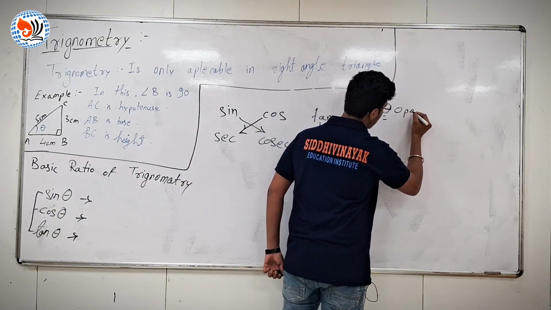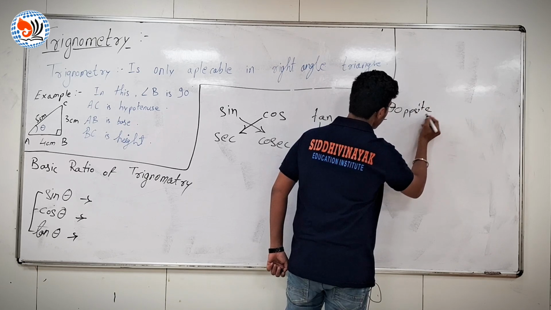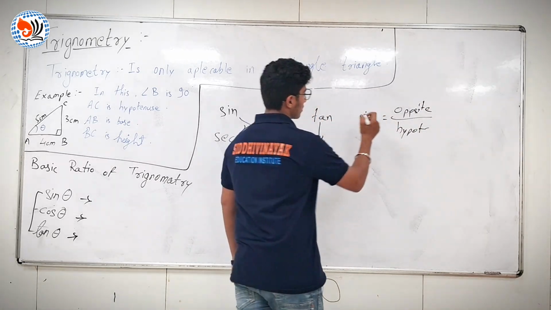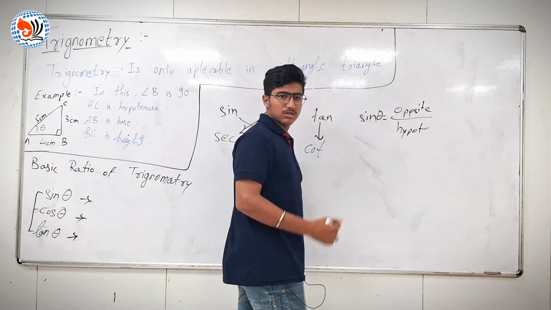opposite side upon hypotenuse. Sine theta is equal to opposite upon hypotenuse.